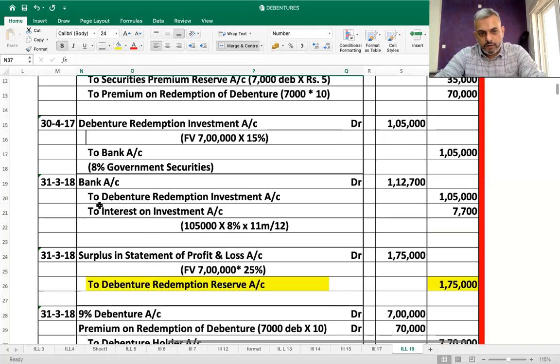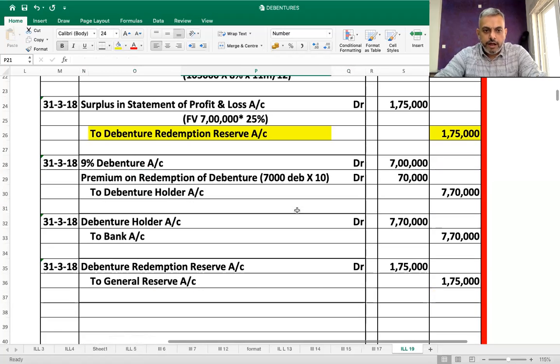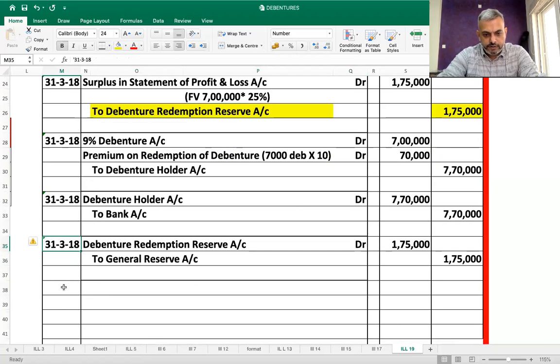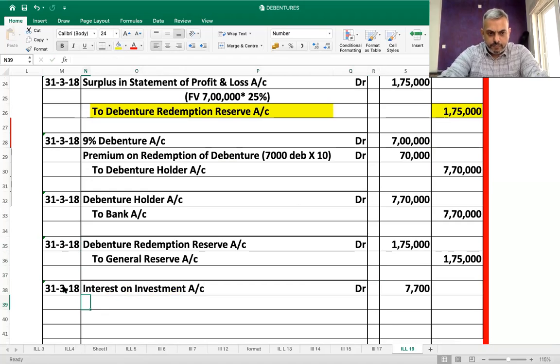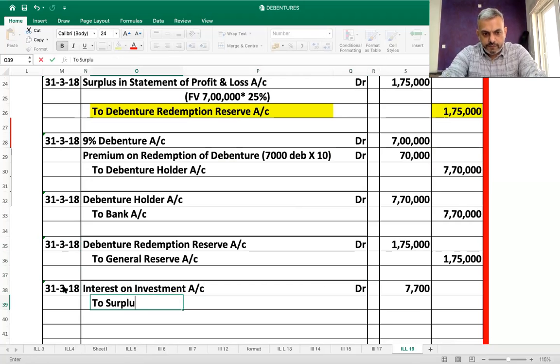But over here, we also have this interest on investment, which will be transferred to profit and loss. So on 31/3/2018 it will be transferred to profit and loss. So interest on investment account debit 7,700 to surplus, or directly to statement of profit and loss account.